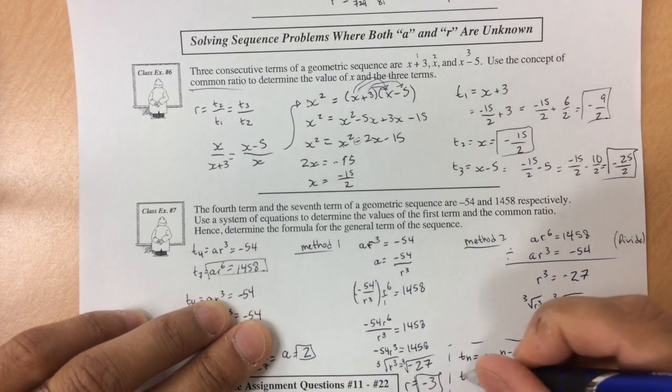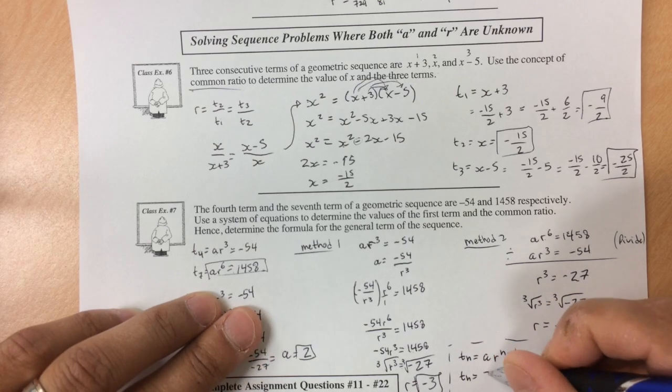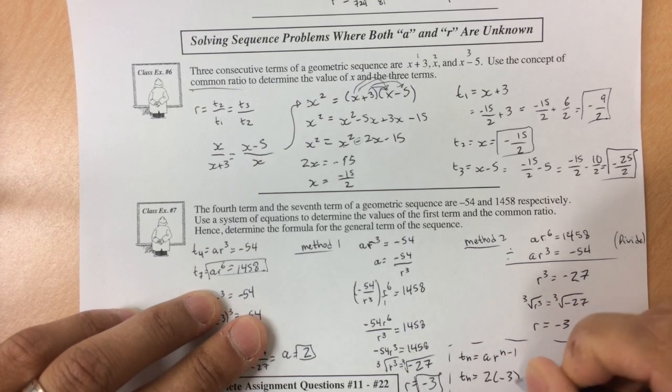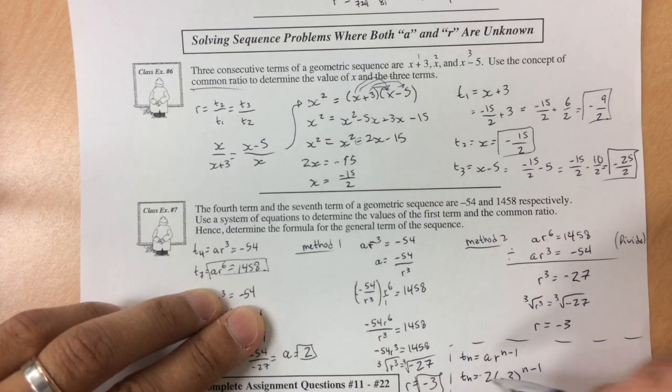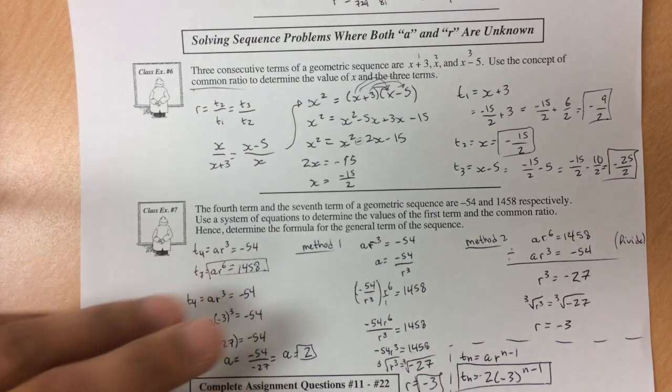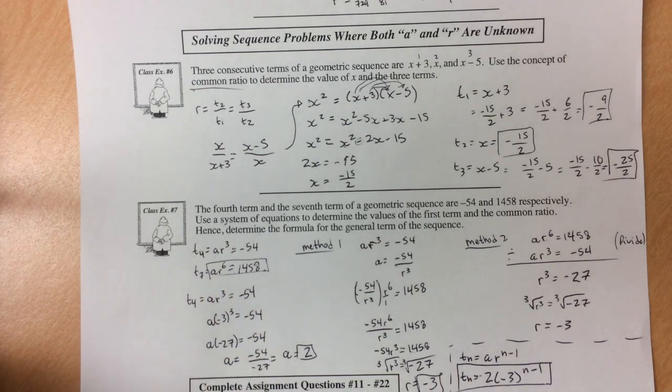I know that my value of a is 2 and my value of r is negative 3. And so my general term is Tn is equal to 2 times negative 3 to the power of n minus 1.